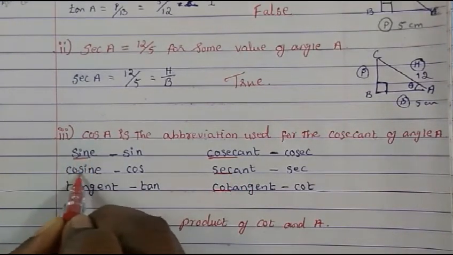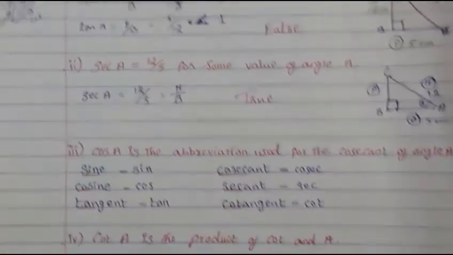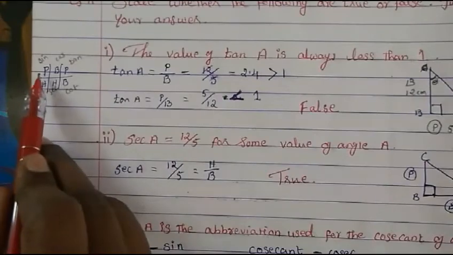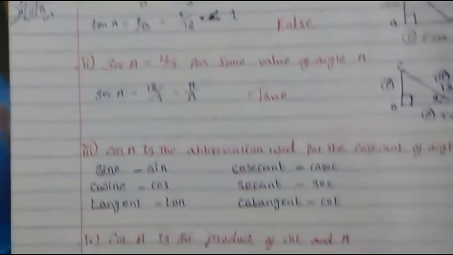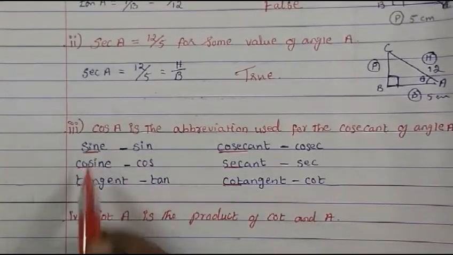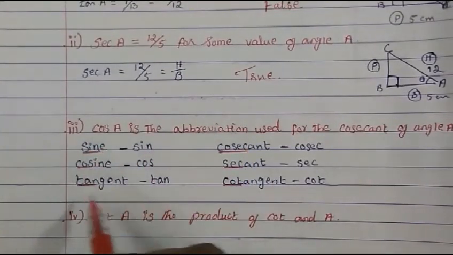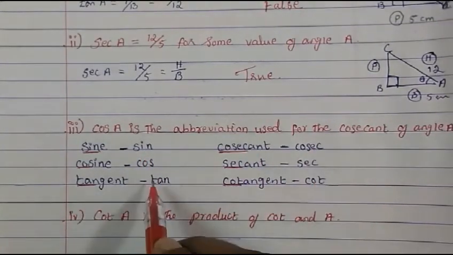Okay, so this is what we are calling here: sine, cos, tan, cosec, sec, cot. These are the correct abbreviations. This is the correct name. These are Greek names, and these are the short abbreviation forms.